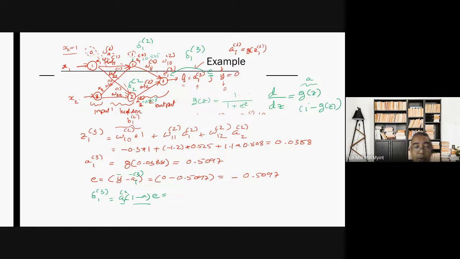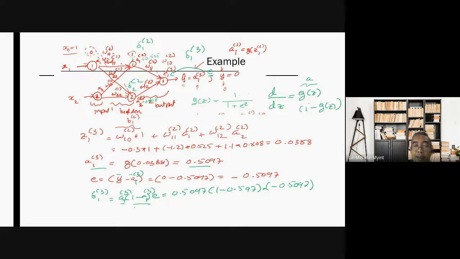So that A13 is this value here, 0.5097, 1 minus 0.5097, multiplied with E, which is minus 0.5097, like this.